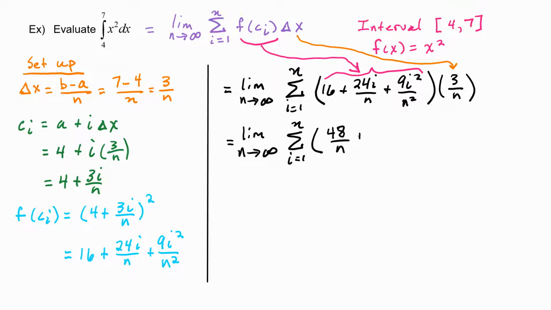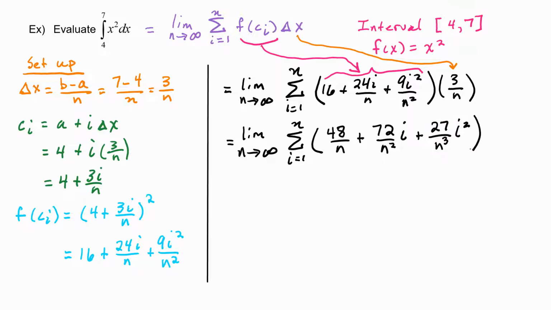Bring down the plus sign. 3 over n times 24i over n gives us 72 over n squared times i, or you can write it as 72i over n squared. Then we bring down the next plus sign, and we distribute 3 over n times 9i squared over n squared, and we get 27 over n cubed times i squared.